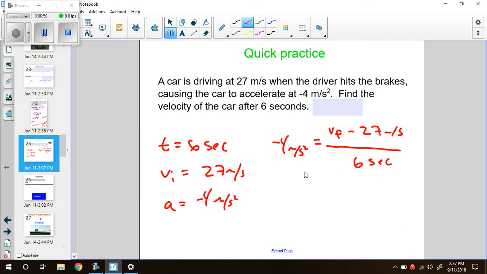So multiply 6 on each side, so we have negative 24 meters per second, right? The seconds multiplied would cross one of those out, equals VF minus 27. Add 27 to each side to get rid of it. Velocity final then would be 3 meters per second. So we didn't actually stop. We are still moving at 3 meters per second. So we slowed down considerably, but didn't stop.